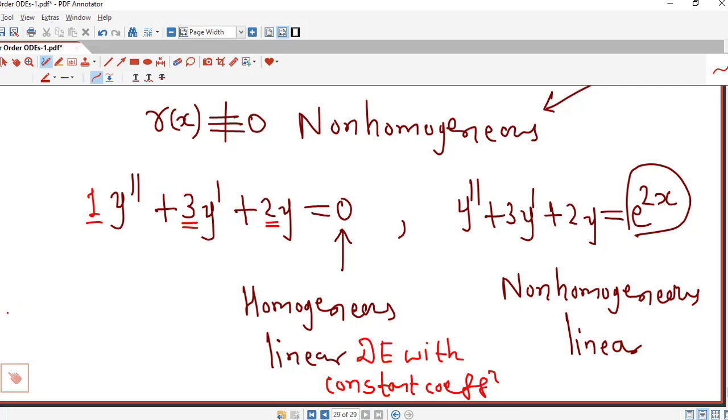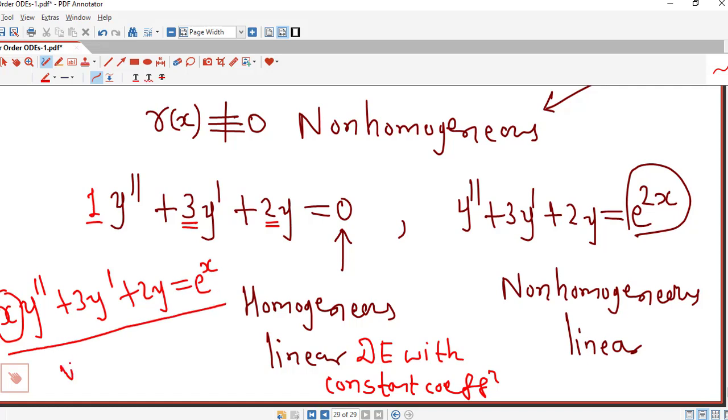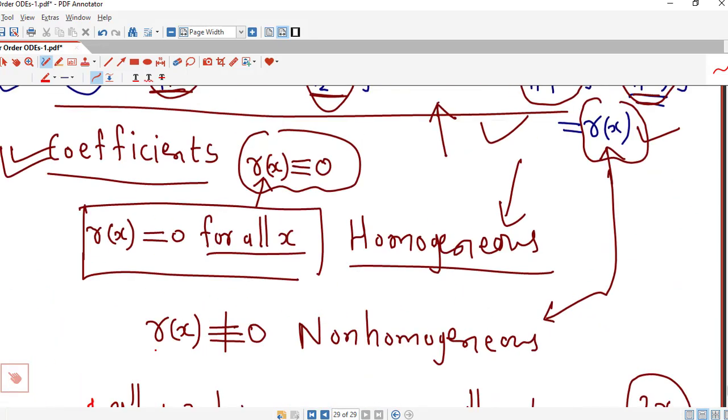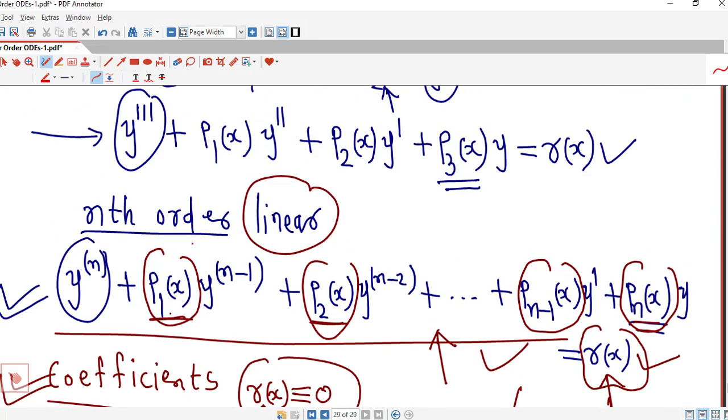And suppose we consider this equation, x into y double dash plus 3y dash plus 2y equal to e raised to x. Then we can see here this coefficient is non-constant. So this is a linear differential equation with variable coefficients. So depending on the nature of these coefficients p1x, p2x up to pnx, again we have two different characterizations.